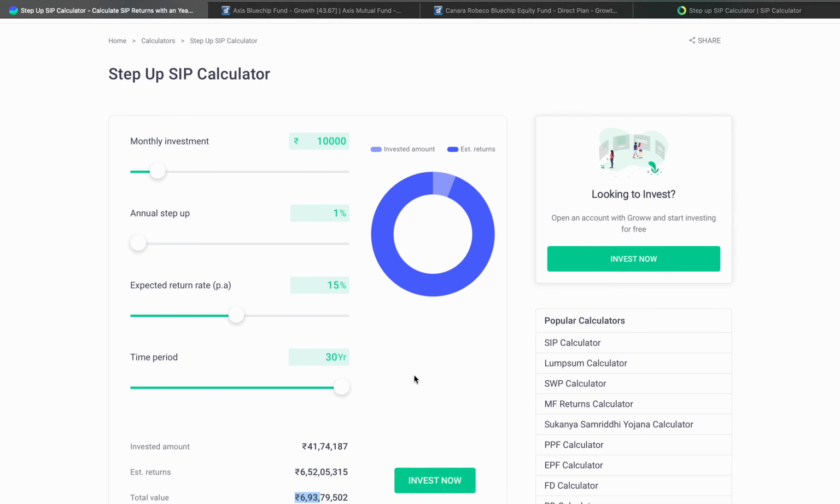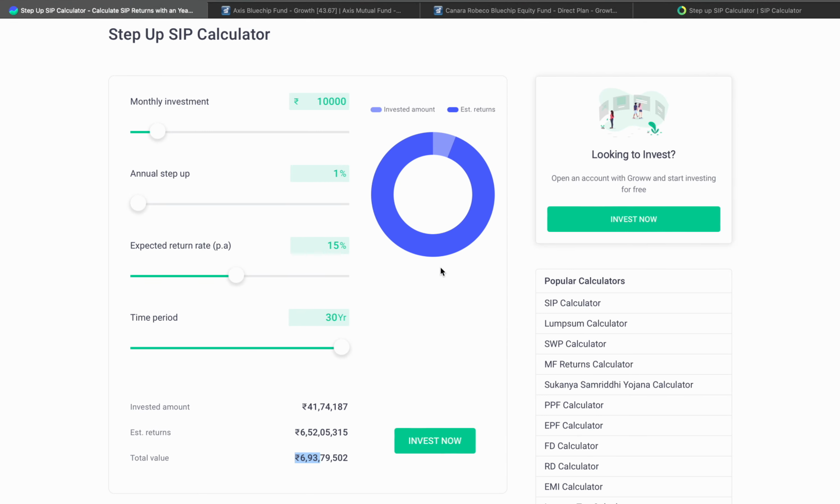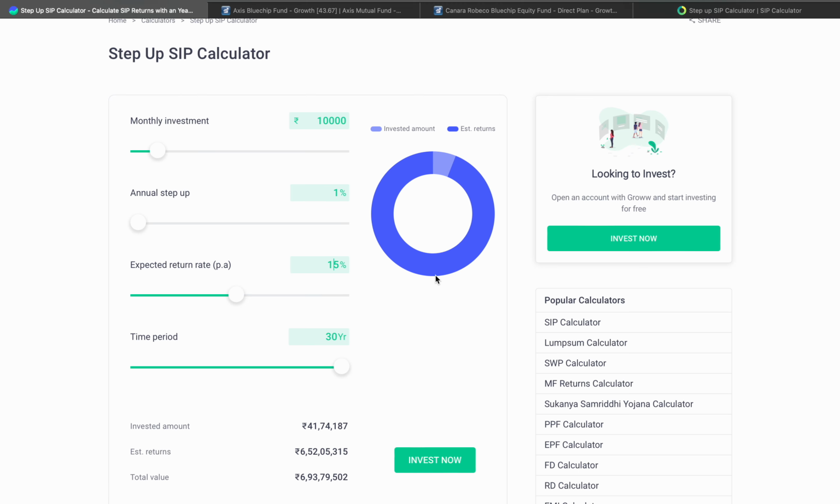We are all very much aware that every mutual fund has an expense ratio. Expense ratio is basically the commission that the mutual fund charges, and usually it varies between 0.5 to 2%, 2% being on the higher side. One example would be SBI mutual funds. So let's consider the expense ratio of 2% here.